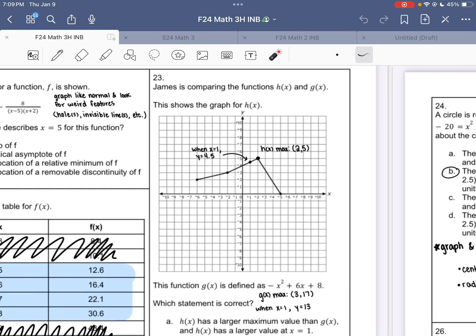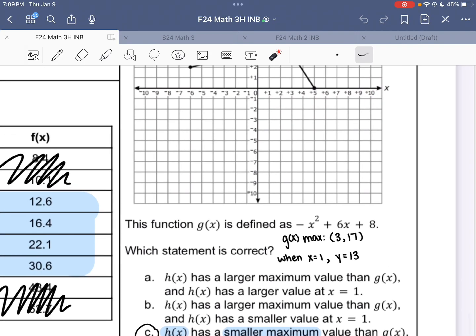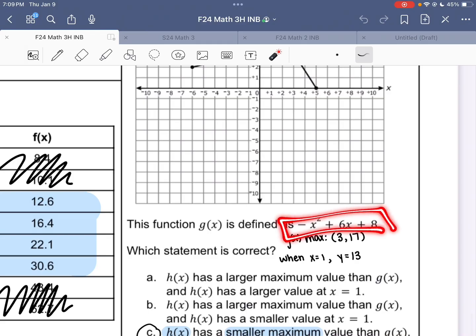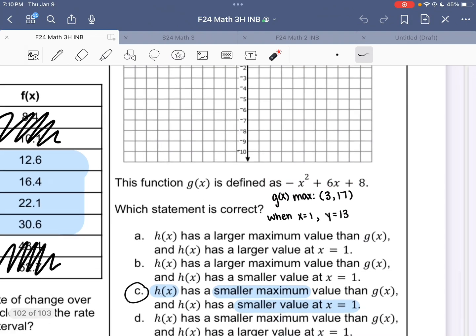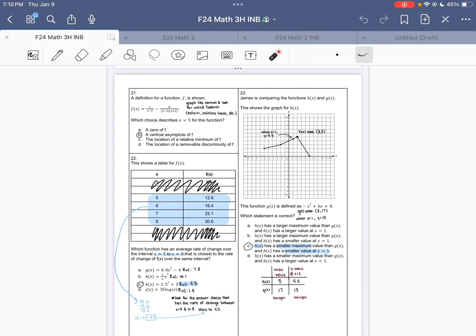Number 23, we have 2 functions. Function H is this graph. Function G is this function, but we don't see the graph. So they're asking about maximum values and about a smaller value where x is 1.